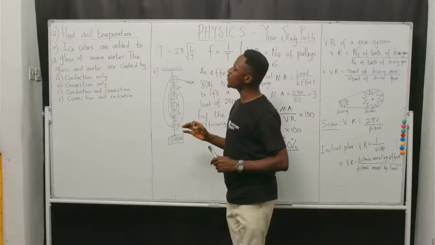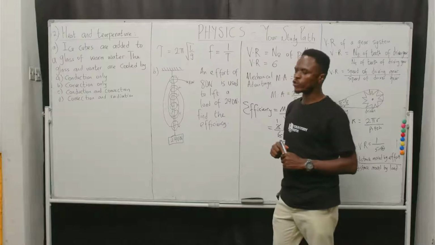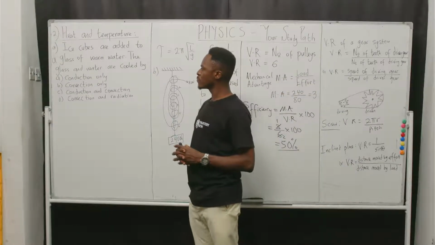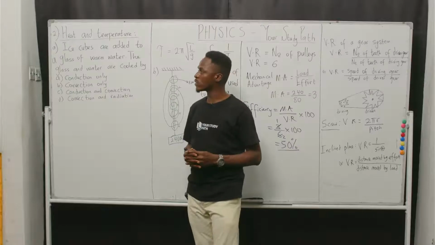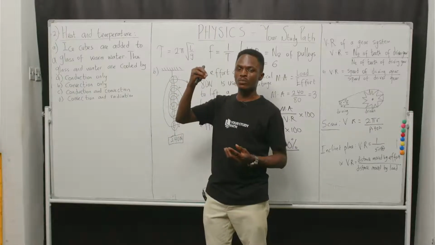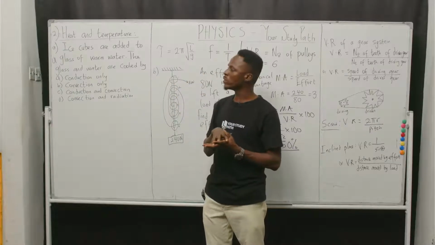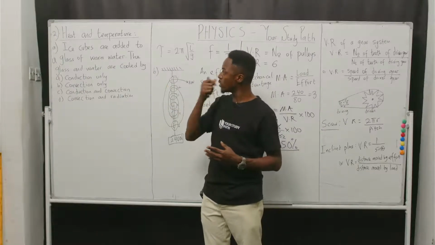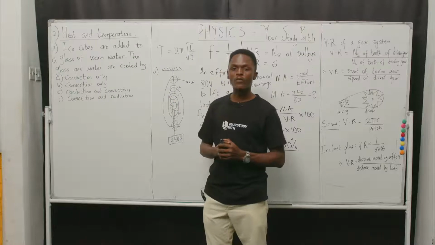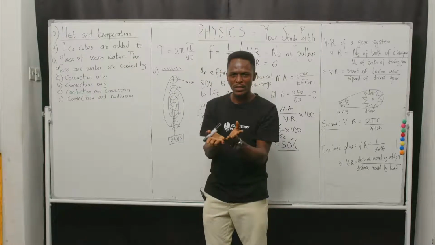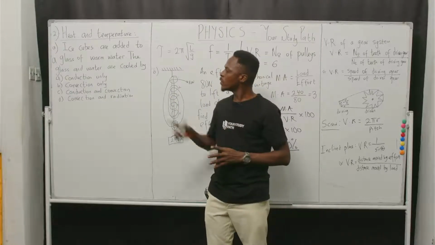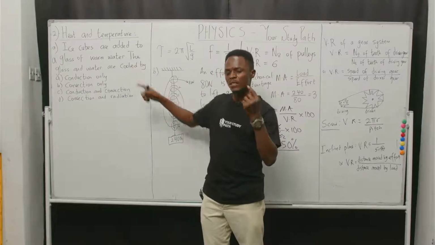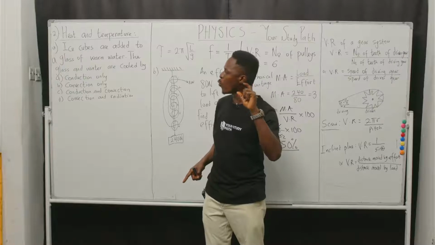So having this cleared out, in this context, can conduction work? It's a question to ask. We have the ice cube in contact with the water. With regards to the convection process, mass movement of heat. But remember, the question is talking about the cooling effect of the warm water.